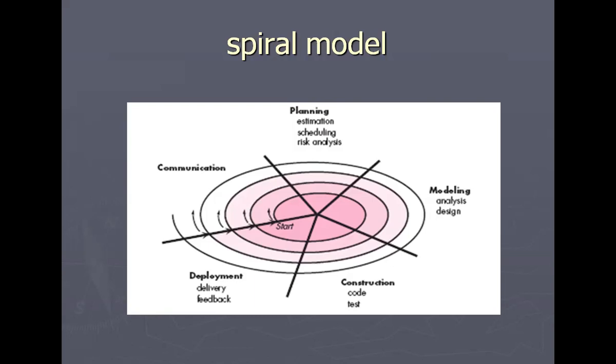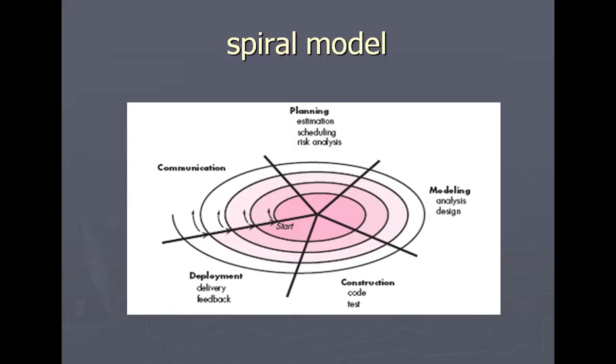The spiral model is divided into a set of framework activities defined by the software engineering team. For an evolutionary process, we use the generic framework activities. Each framework activity represents one segment of the spiral path. As the evolutionary process begins, the software team performs activities implied by a circuit around the spiral in a clockwise direction, beginning at the center.